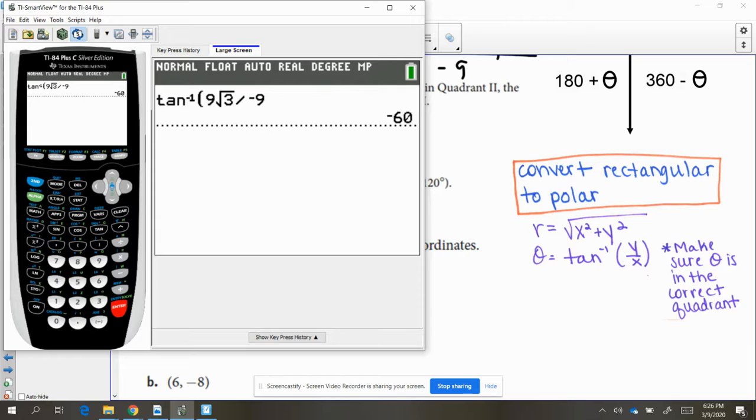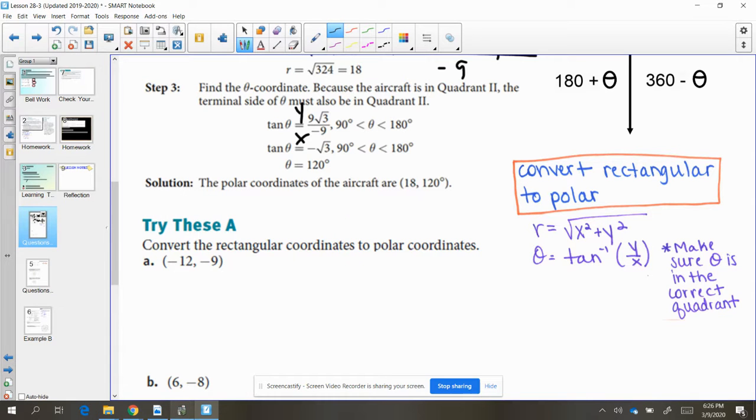That's in quadrant 4. Our answer needs to come from quadrant 2. So if we add 180 degrees to that, that reference angle of 60 shows us that the quadrant 2 theta will be 120, which you'll see is the appropriate answer here for our theta.